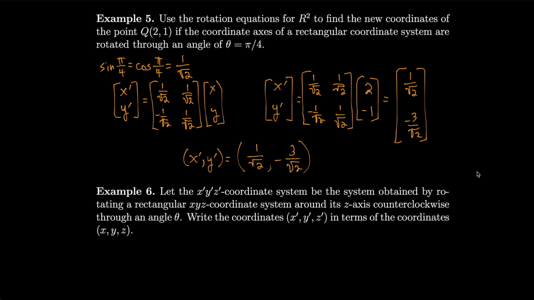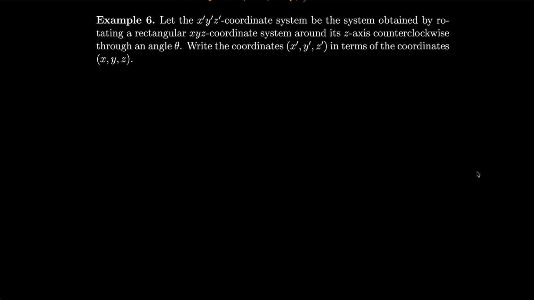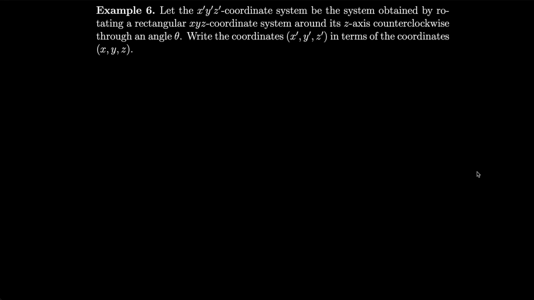Let's do it in 3 dimensions now. How about we let the x', y', z' coordinate system be the system obtained by rotating a rectangular xyz coordinate system around its z-axis counterclockwise through an angle theta. Let's write the coordinates x', y', z' in terms of the coordinates x, y, z.